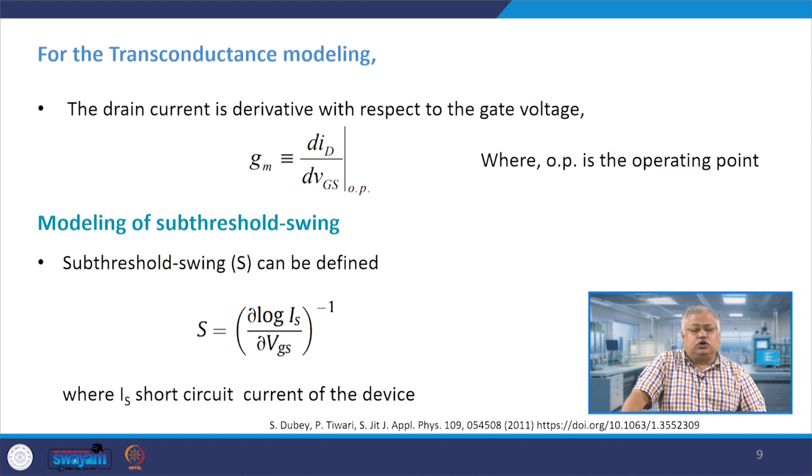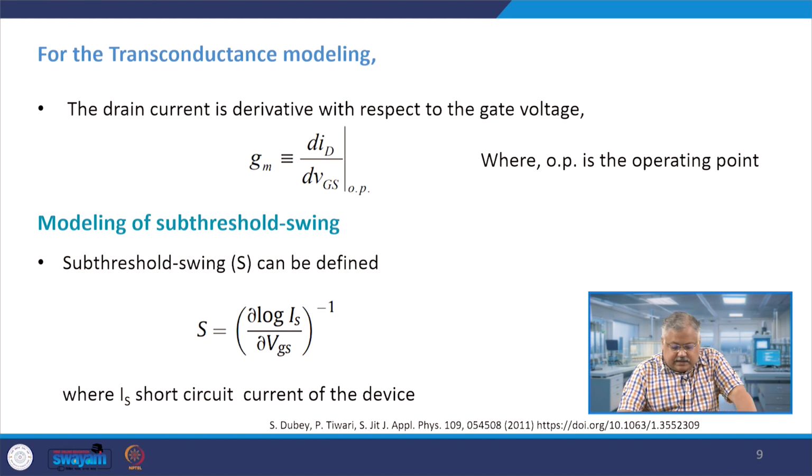And what is subthreshold swing? We have already discussed this part, and the formula is already given to you here, but understand the concept behind the formula. The concept behind the formula is that subthreshold swing tells me how much gate voltage change you need in order to have one order change in the drain current, right.